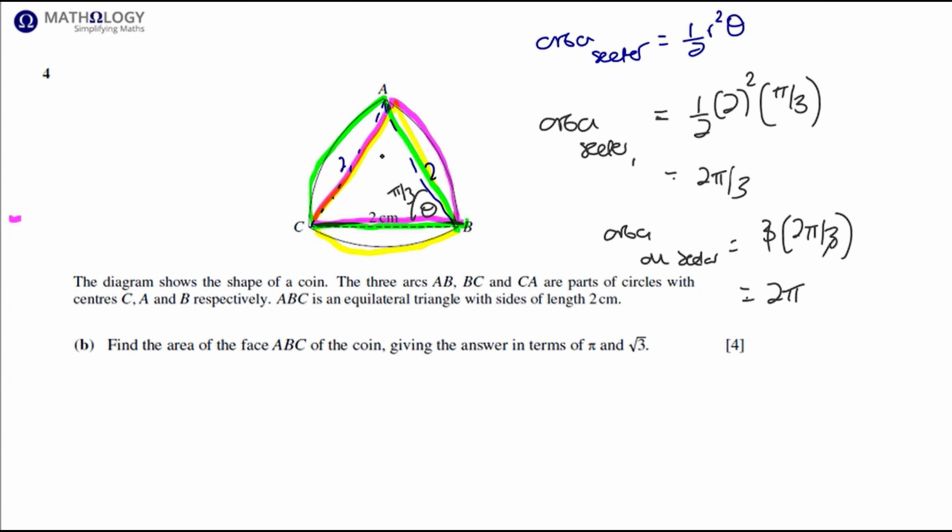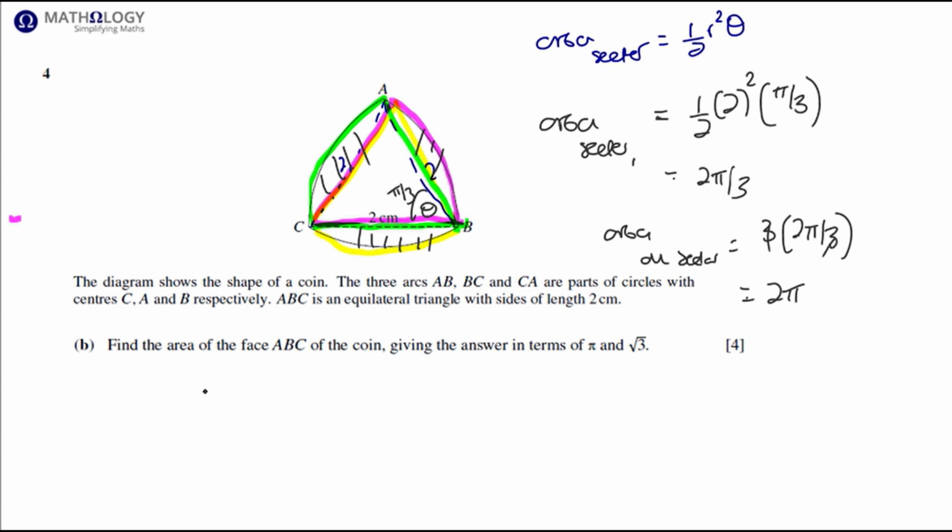Now the collective area of these sectors includes that segment, and that segment, but 3 instances of the equilateral triangle, because the equilateral triangle was inherent in each sector that we had evaluated.